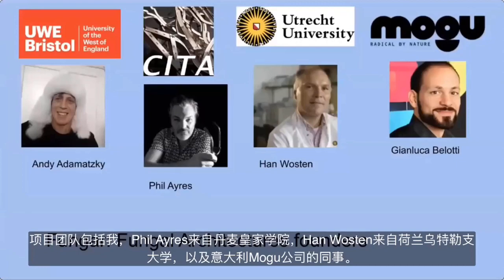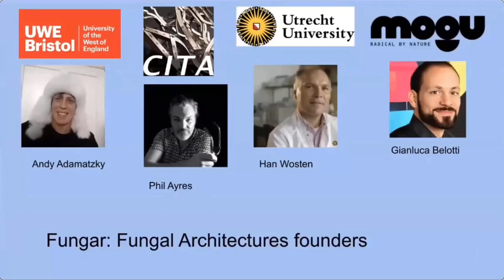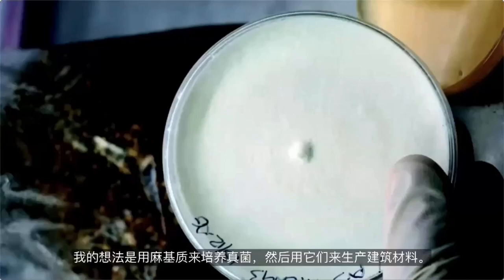The project team includes myself at UWE Bristol, Phil Harris in Denmark, Han Boston at Utrecht University, and colleagues from a mobile company in Italy. The idea was to use hemp substrates, colonize them with fungi, and produce building materials from them.